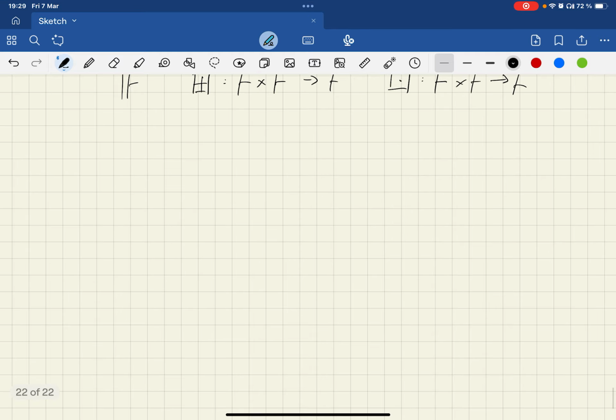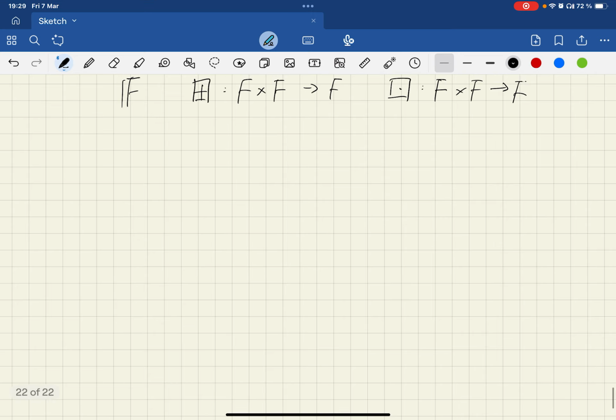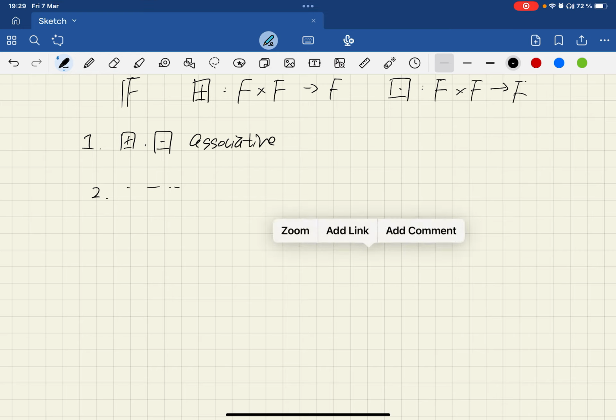And there are 8 axioms of a field, where addition and multiplication hold for all the elements in this field. So that's right. 1, associative. 2, the two operations are commutative.